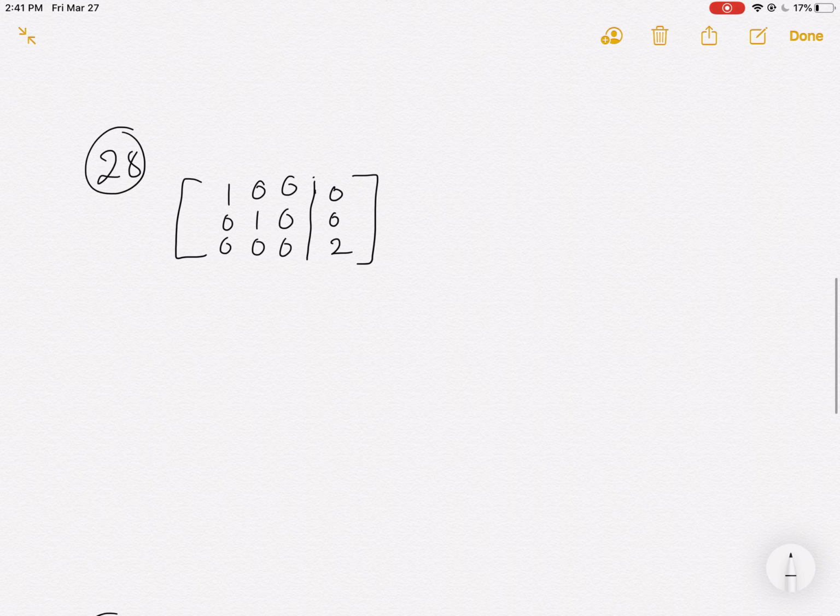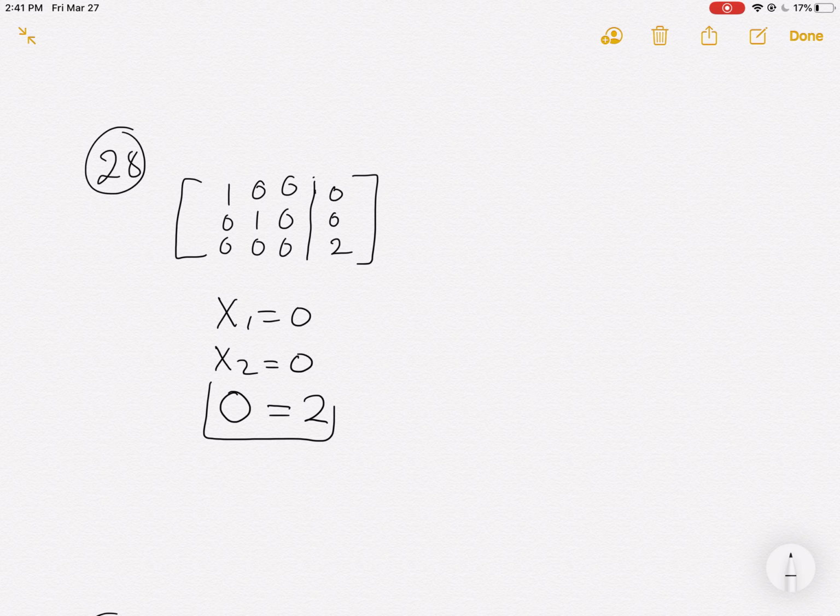28 is an example where if we look at the top line, it says x1 is equal to 0. Then it says x2 is also equal to 0. But take a look at the last one. It doesn't say x3. It doesn't have any x1s, no x2s, no x3s. So really 0 is coming out on that side is equal to 2. This is a non-true statement. It can't happen.